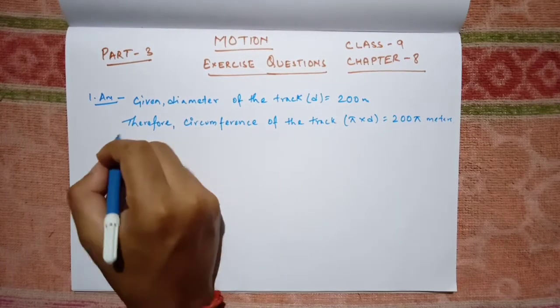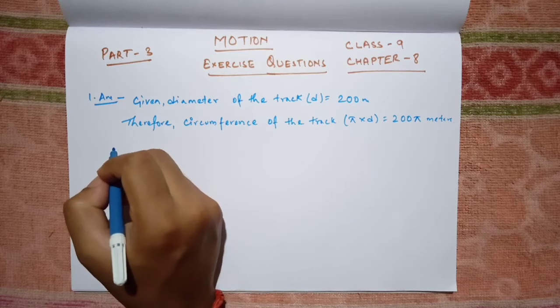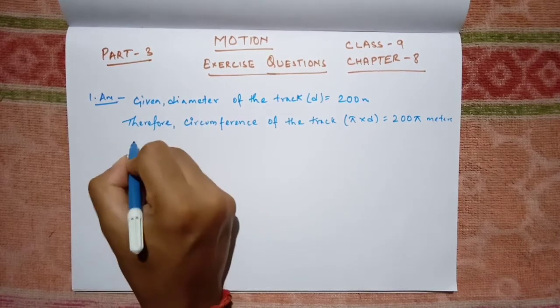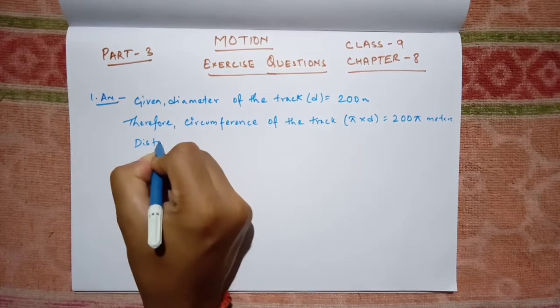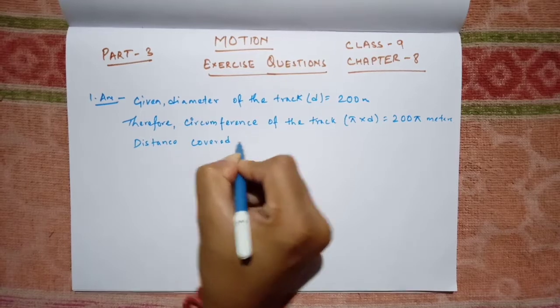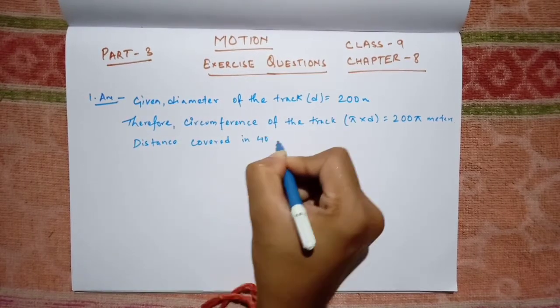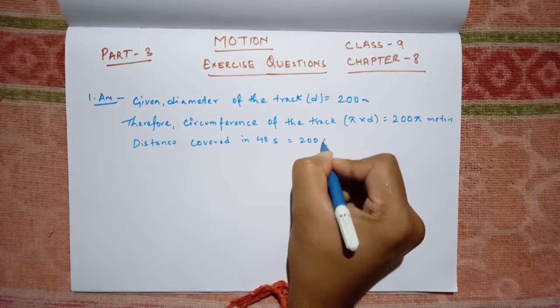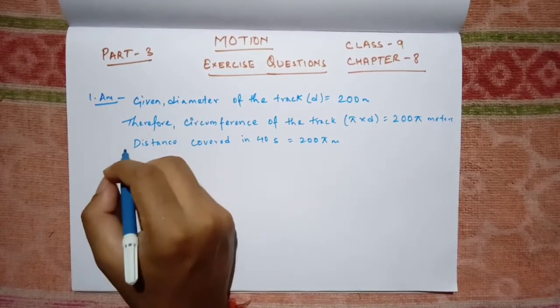Now they have given the distance covered in 40 seconds. So the total distance covered in 40 seconds is 200 pi meter.